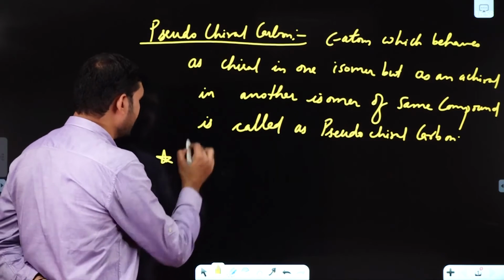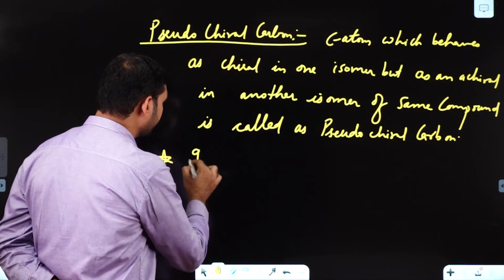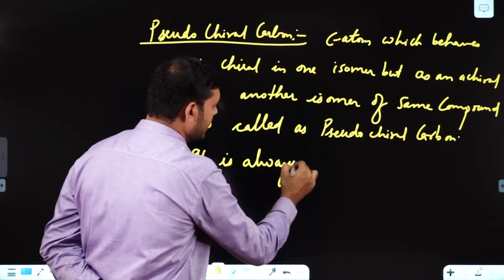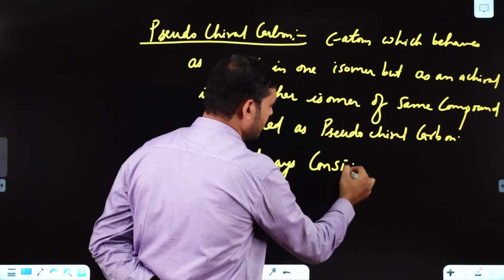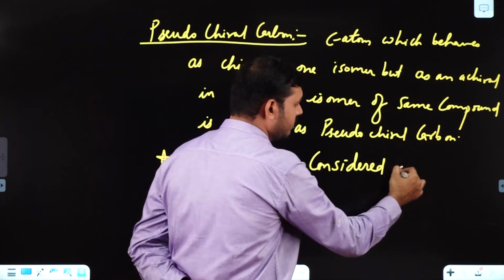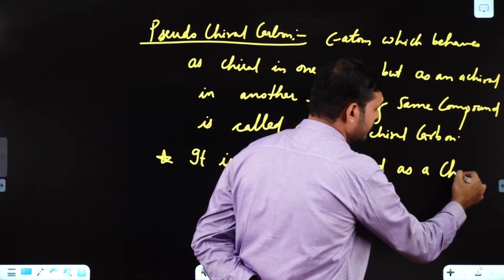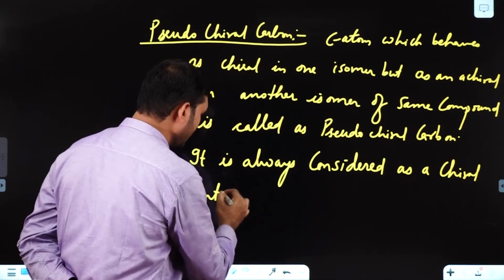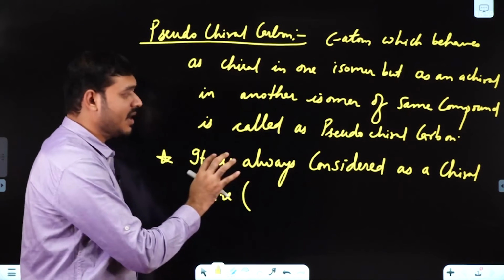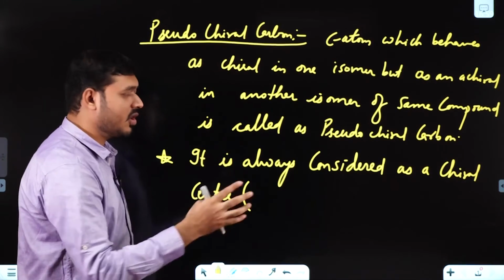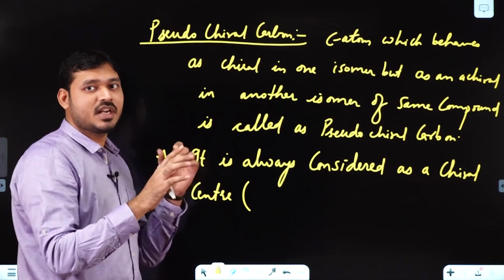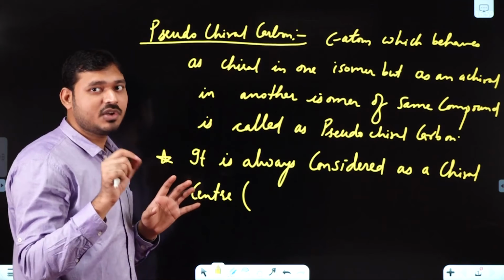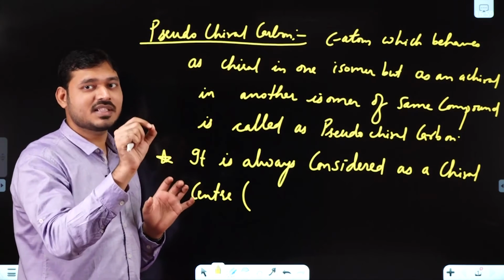Now the important part for this pseudo chiral carbon is it is always considered as a chiral center. Now why am I using this point? Because whenever we need to calculate the total number of stereoisomers or total number of optical isomers, we need to think whether we have to consider it as chiral or not.